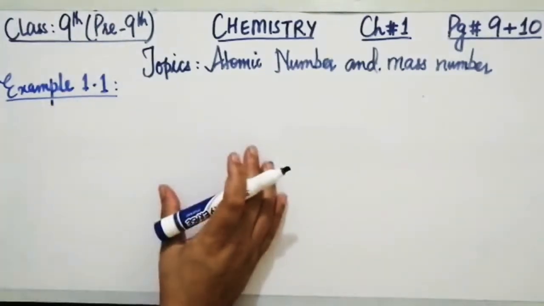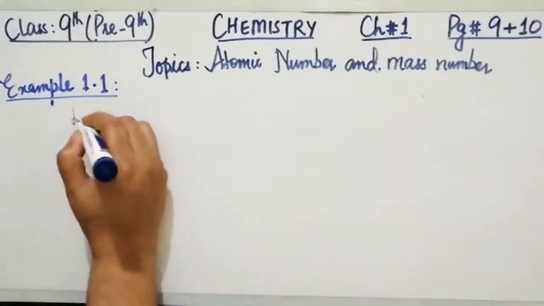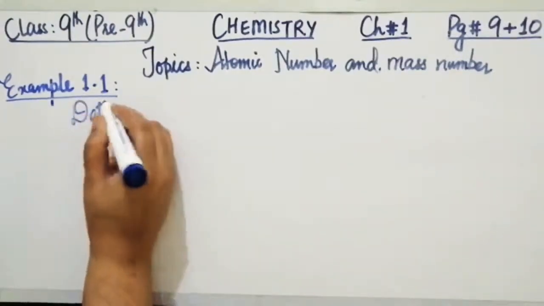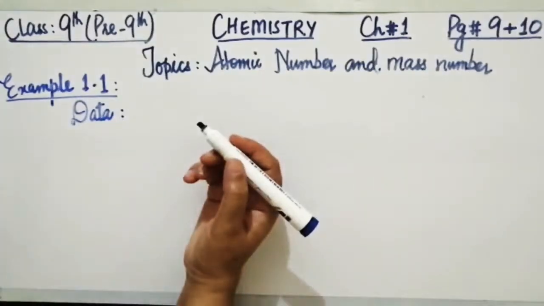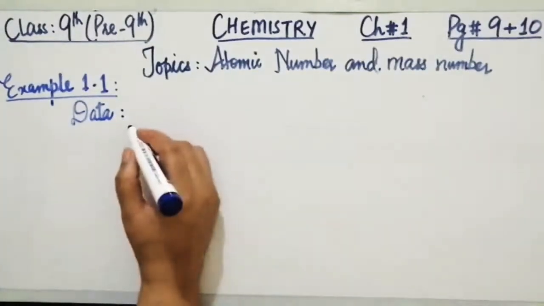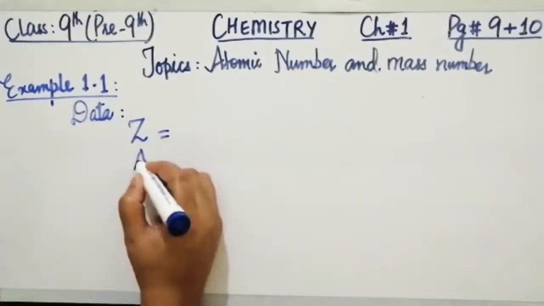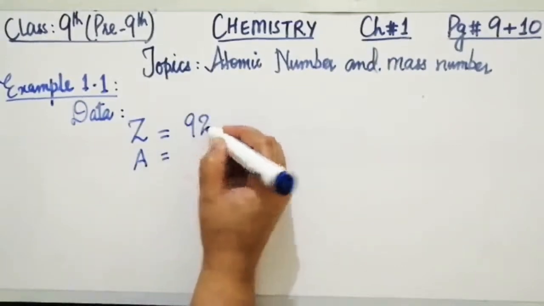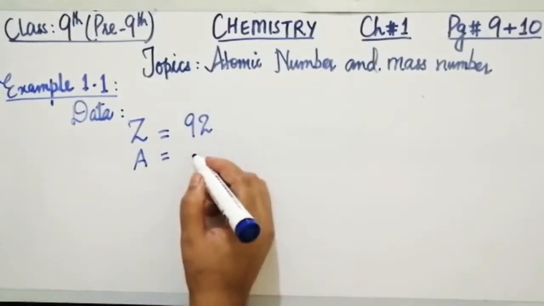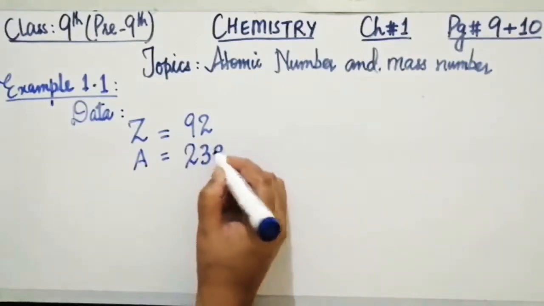First of all, you have to make your data for this question. The number of protons is actually the Z, so the atomic number, the value of Z, is given in the question. So Z is equal to 92, that is the atomic number, and the mass number is 238.